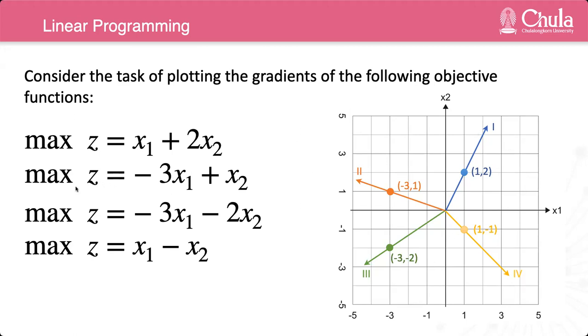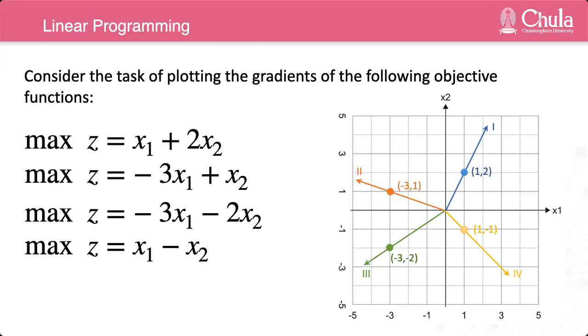What about this one? This objective function, minus 3x1 plus x2. This direction. Yes. Then if you want to maximize the objective function, you go this way. It is the fastest way.